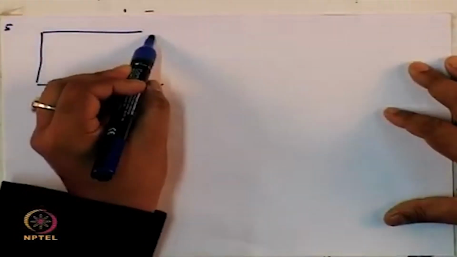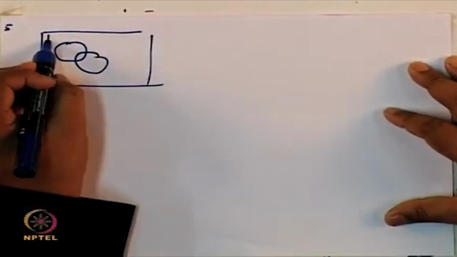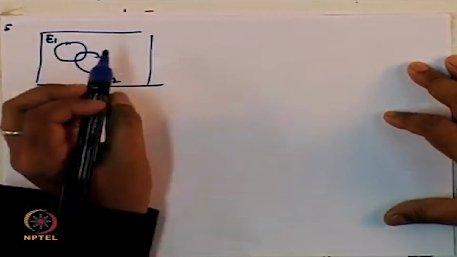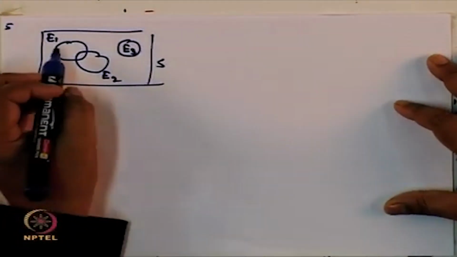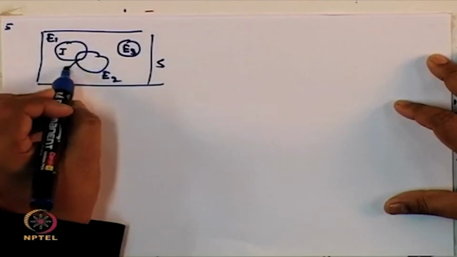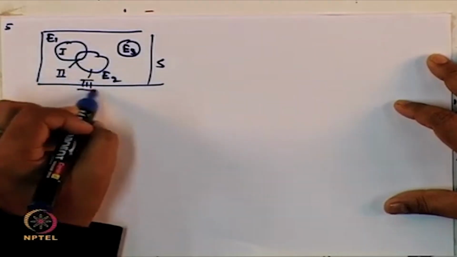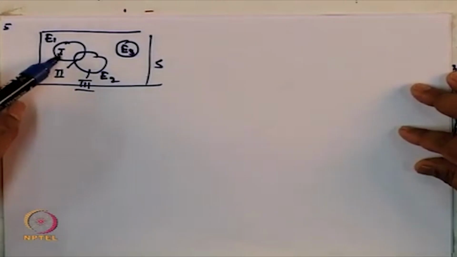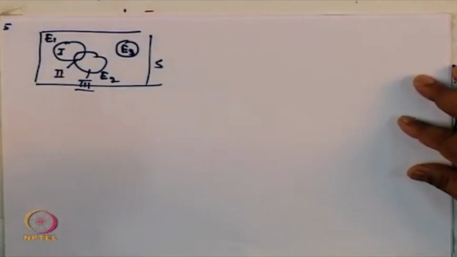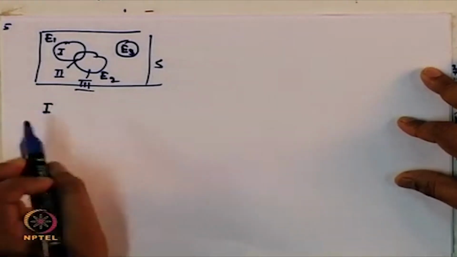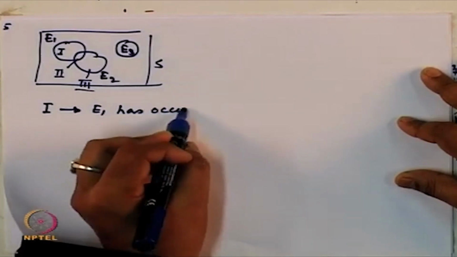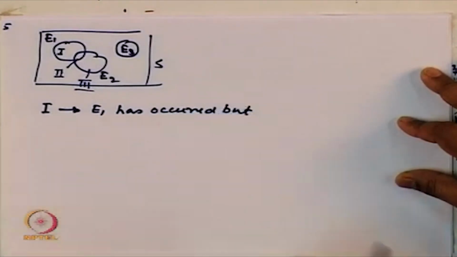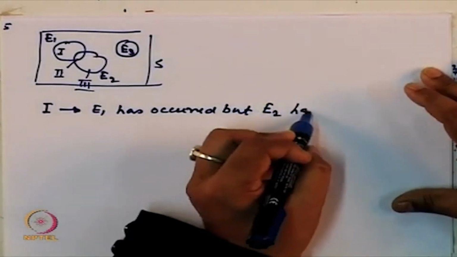Now let us again go back to the sample space. You have E1 here, E2 here, and E3 here, and this is your whole sample space. Let me divide this into 3 segments labeled as 1, 2 and 3. What does zone 1 implicate? In zone 1, E1 has occurred, but E2 has not occurred.